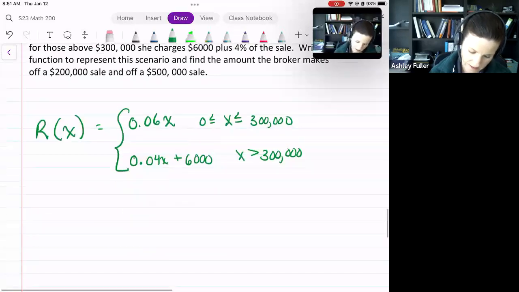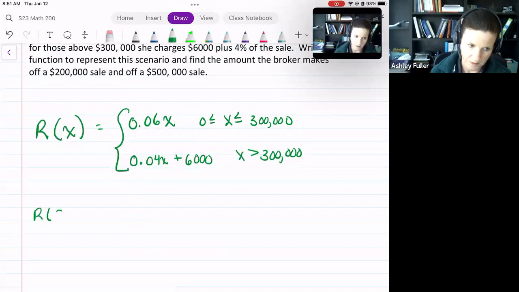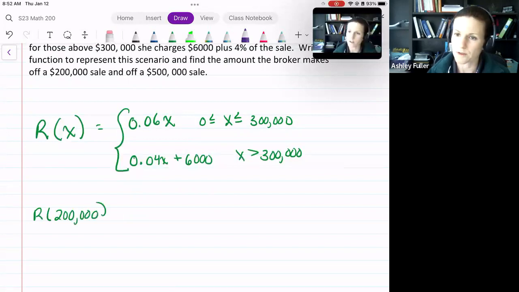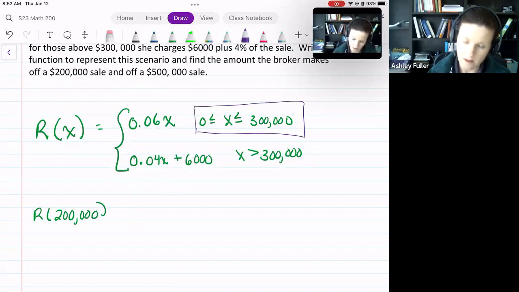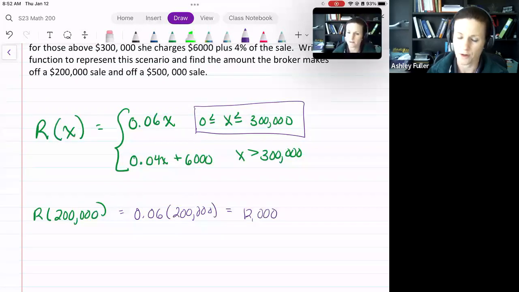This then allows us to calculate if we have perhaps a $200,000 house. We have to decide which rule it applies to. Notice 200,000 falls into this category. And so we would do 0.06 times 200,000, which is going to result in a $12,000 amount for the broker.